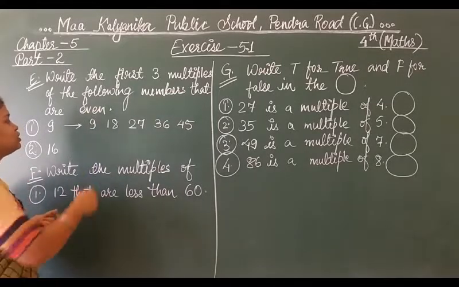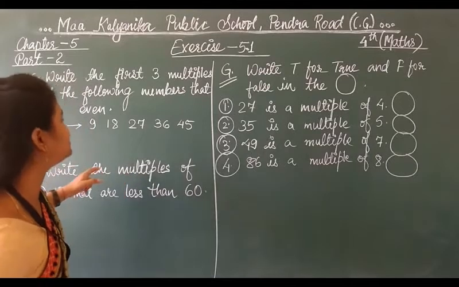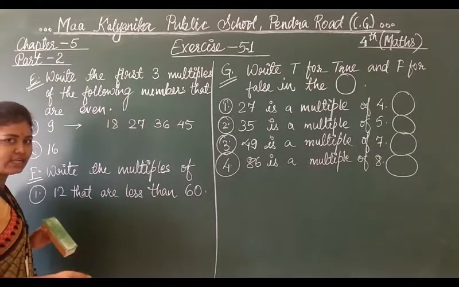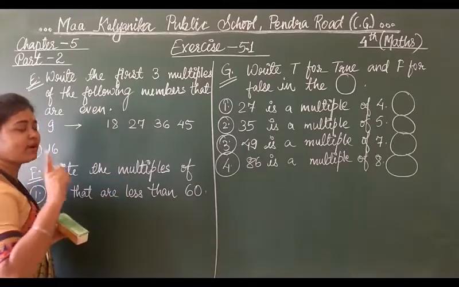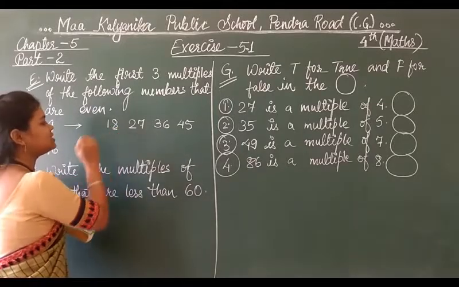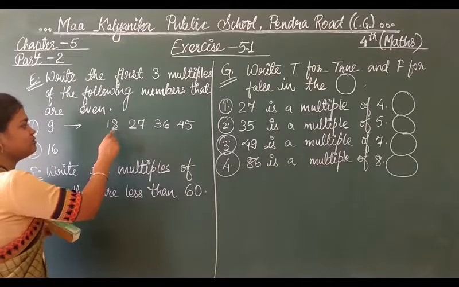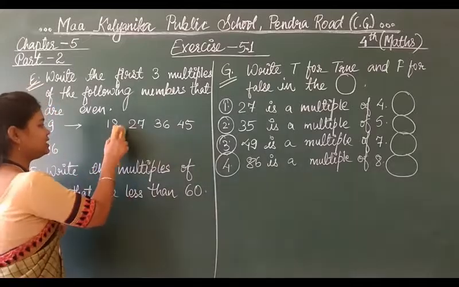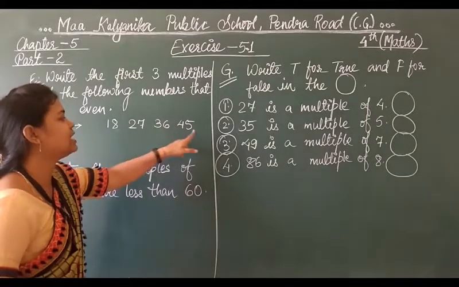Is 9 an even number or an odd number? 9 is an odd number, so we will not take it. Then 18 is an even number, it forms a pair. We can also find an even number by one more trick: if 2, 4, 6, 8 or 0 is in the one's place, it is an even number. So 18 is an even number, 27 no, 36 yes.